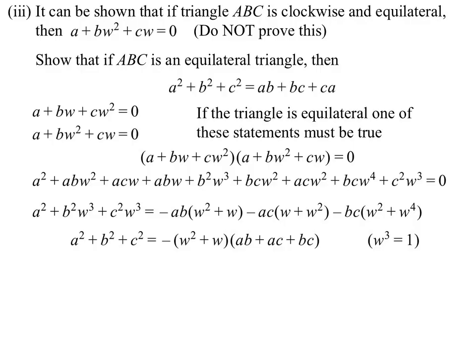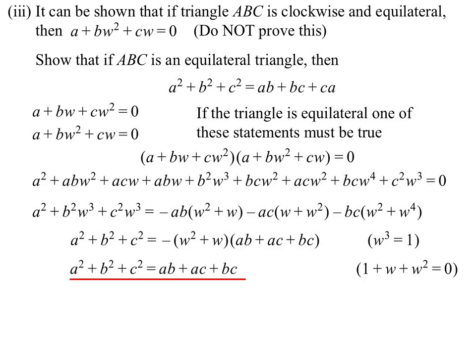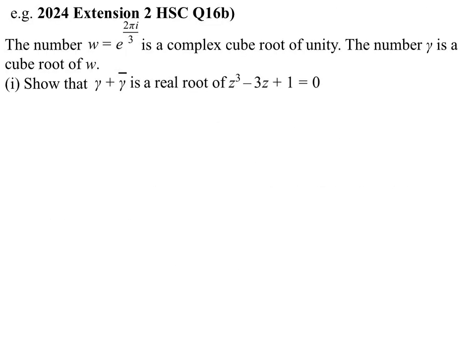Okay, we're close. I now want the coefficient of this to be 1. At this stage it's minus (w squared plus w). That's where I'm going to use the other fact. Because 1 plus w squared is equal to 0, so w squared plus w is negative 1. Negative times negative is a positive. We have the result.